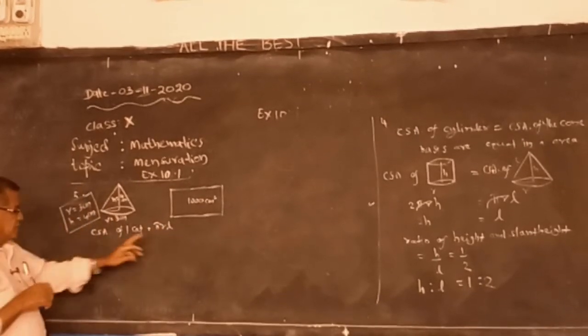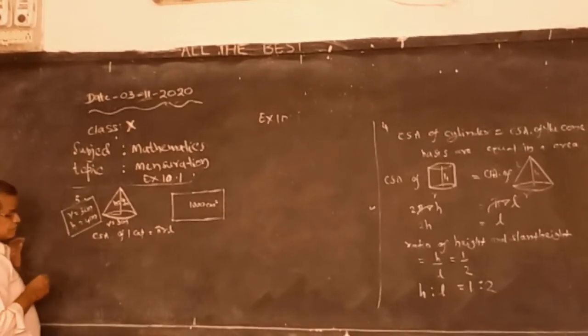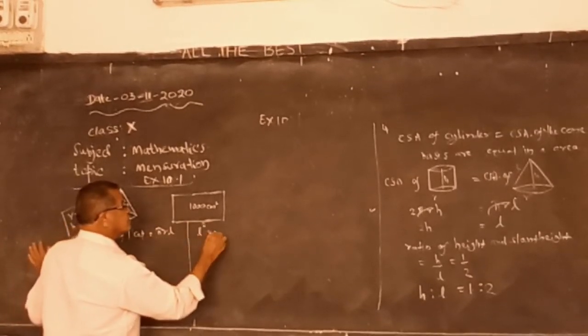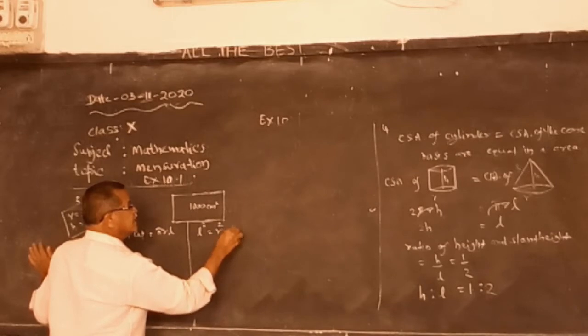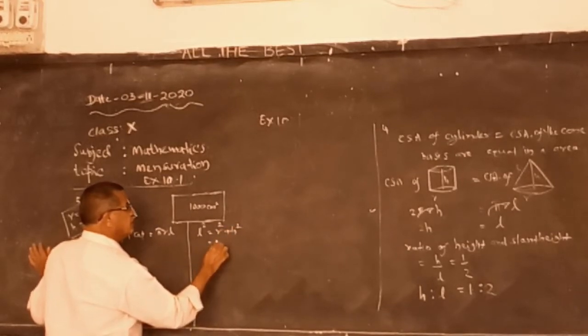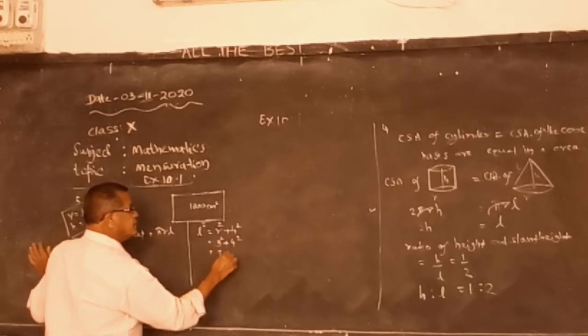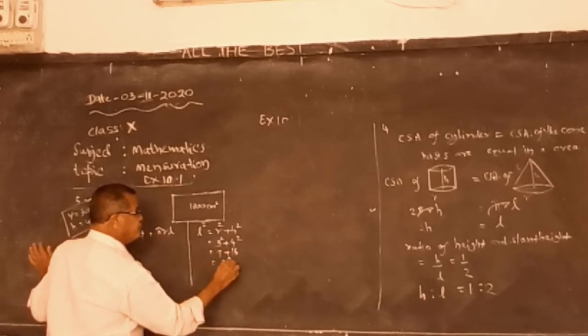We have to find L. L squared is equal to R squared plus H squared. R squared is 3 squared, H squared is 4 squared. So 9 plus 16, 25.